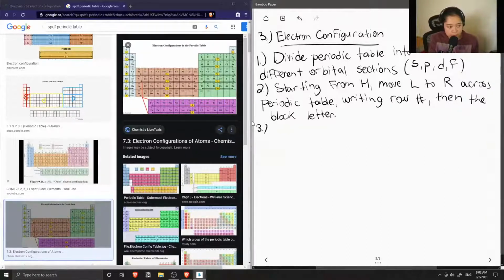And step 3 is that we can show how many electrons are in each orbital or suborbital using superscripts.